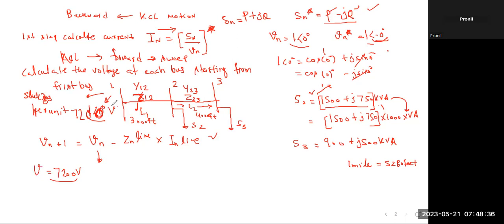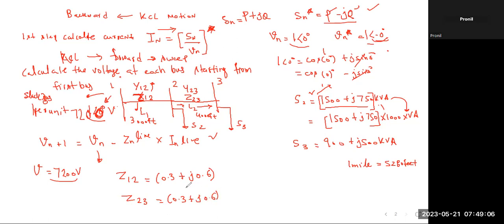One more thing he's mentioning is the impedance of the line: the Z12 value is equal to 0.3 plus j0.6. Similarly, Z23 is also equal to 0.3 plus j0.6.